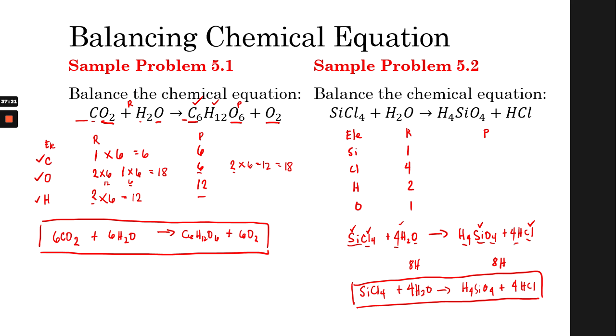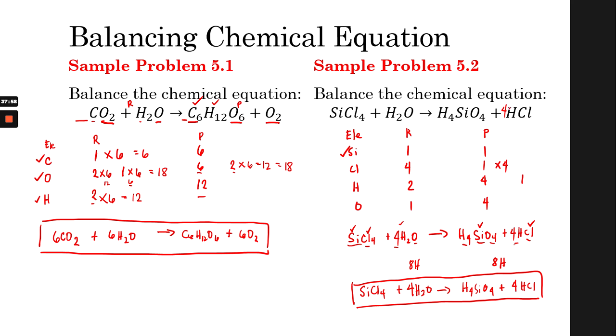As for my products, I have 1 silicon, 1 chlorine, 4 hydrogen plus 1 hydrogen here, and then I have 4 oxygen. If I look at my Si, that's balanced. Next, my Cl is not balanced, so I need 3 more chlorine in my product, so that will be times 4. So I should write 4 there.